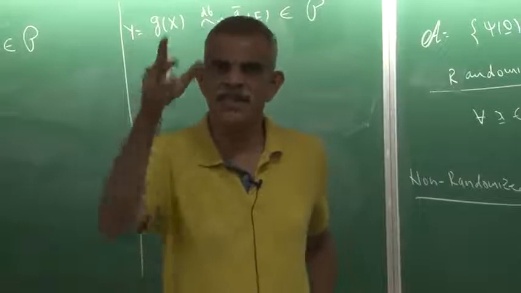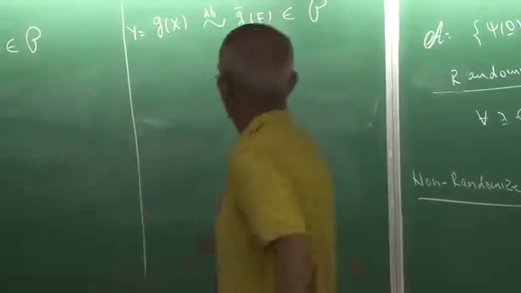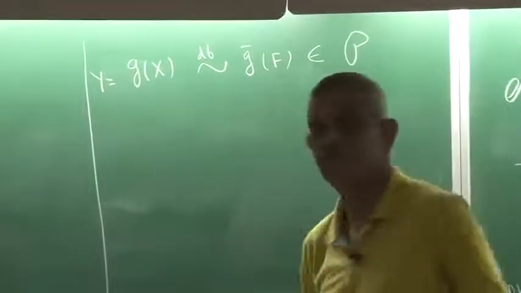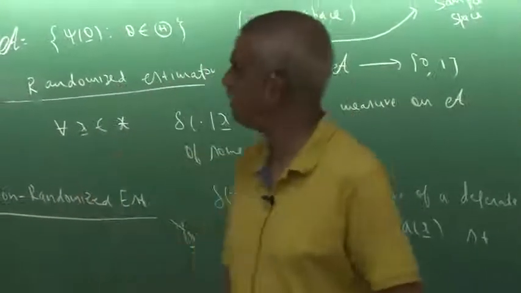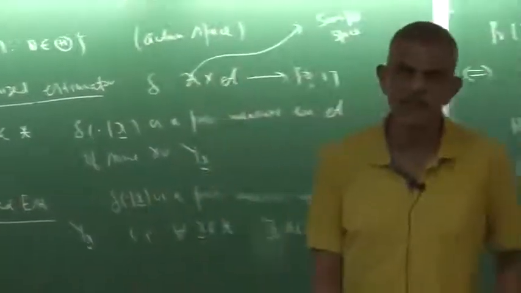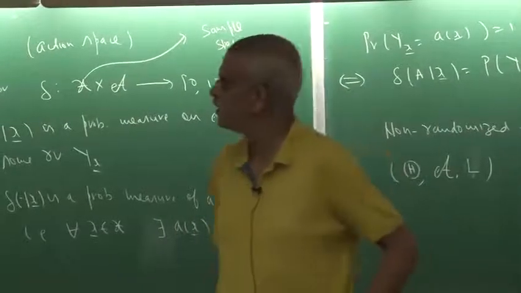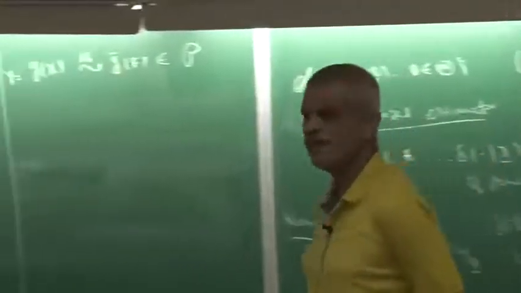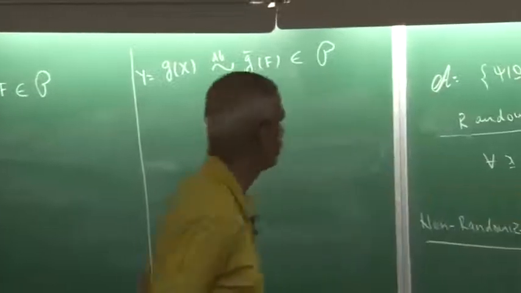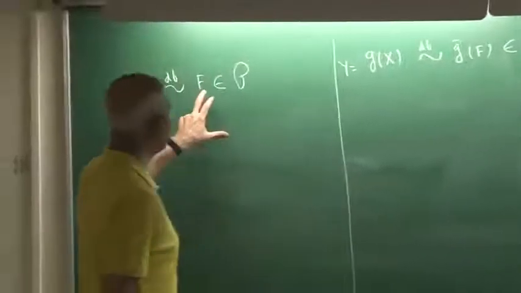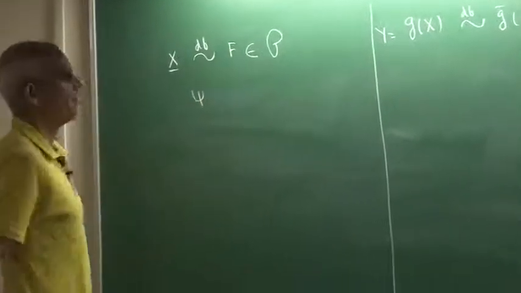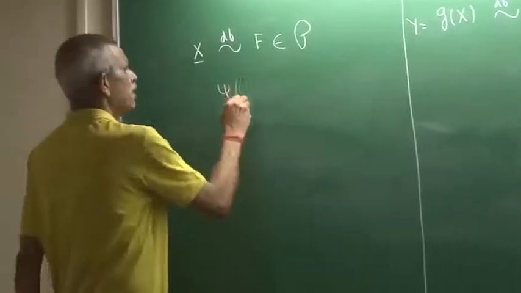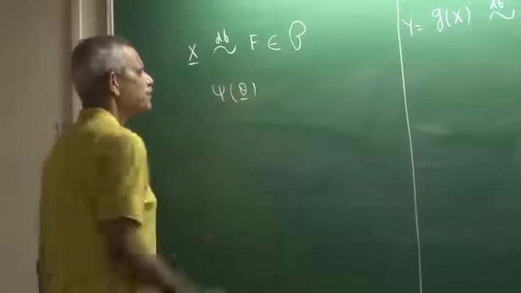And if theta is in R, theta plus c is in R. So my P remains the same, because if theta was in R, then theta plus c is also in R. And P was nothing but all normal theta, 1 such that theta belongs to R. So suppose you have a situation like this. Here you may be interested in estimating psi of theta, let us say.